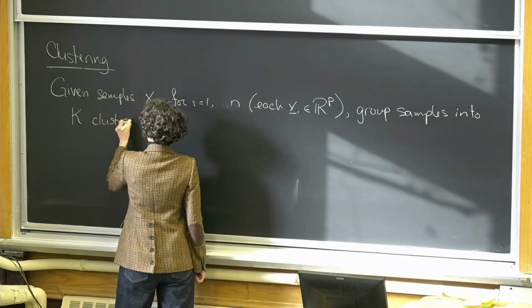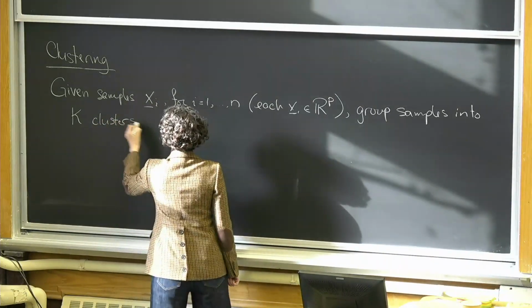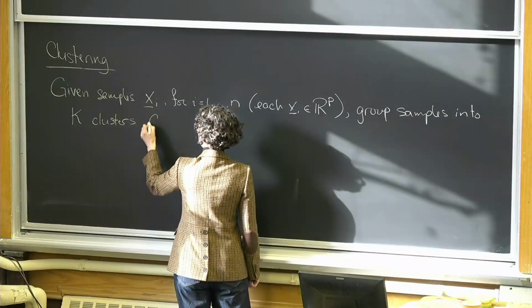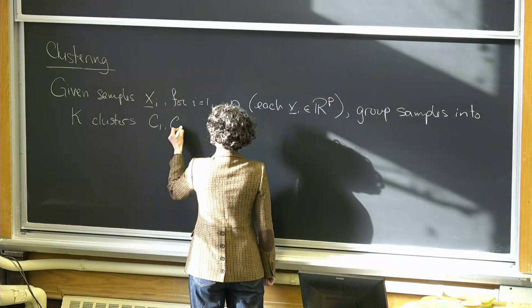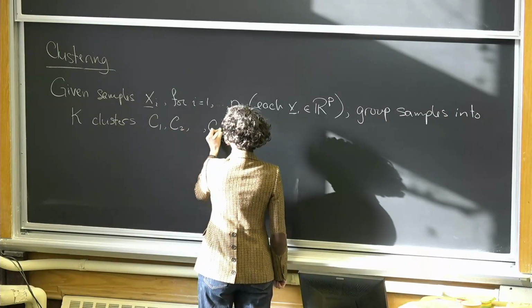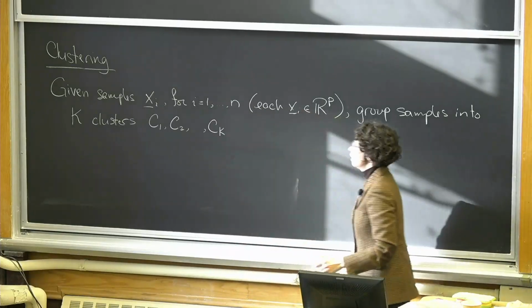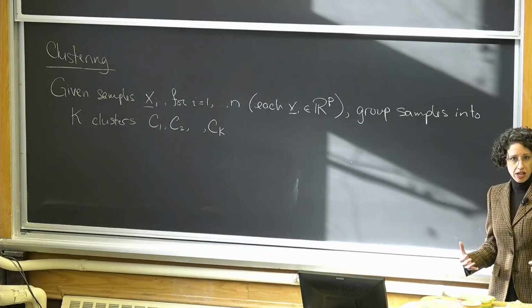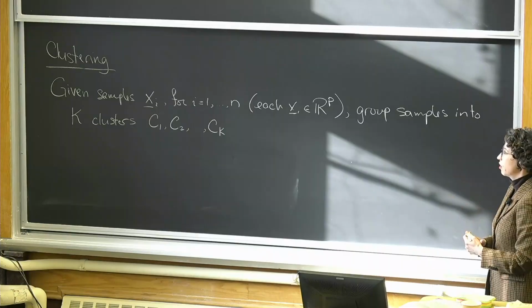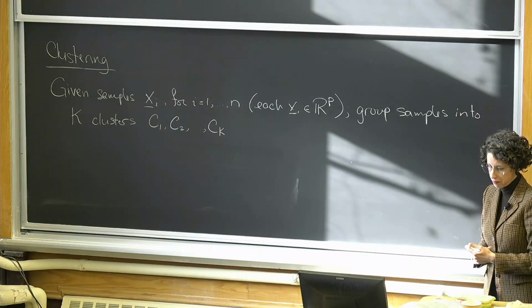So we're going to let capital K correspond to the number of clusters, and we're going to denote the clusters C1, C2, all the way through C capital K. So each cluster is a subset of our n different samples.